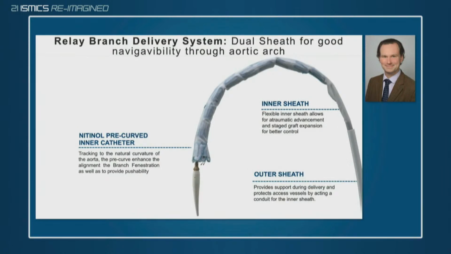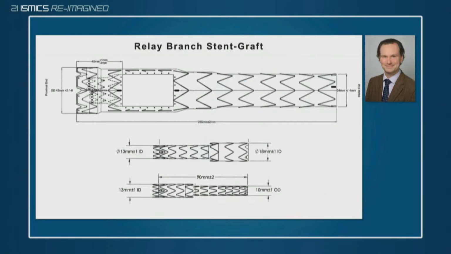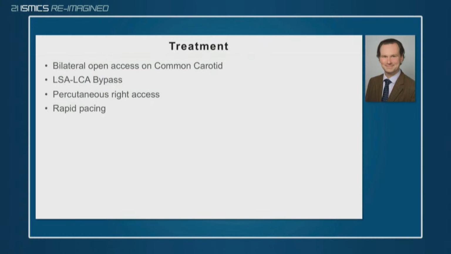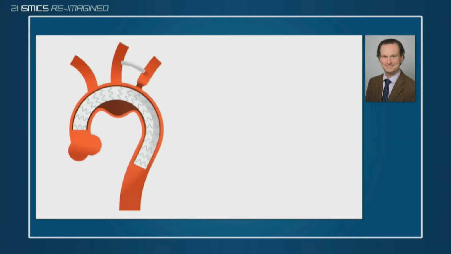The introduction sheath has a so-called self-aligning mechanism, which means that the window hosting the sleeves orientates itself automatically towards the outer curvature of the aortic arch, which then enables exact deployment during the procedure.